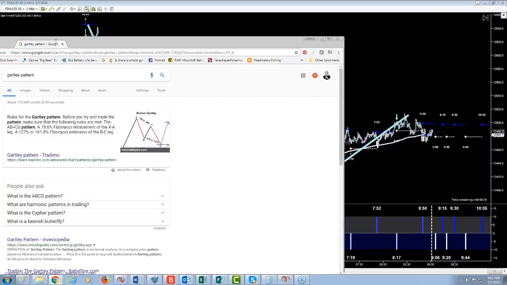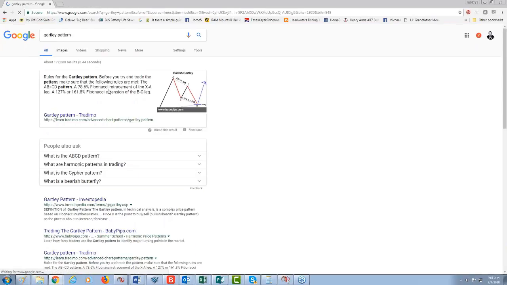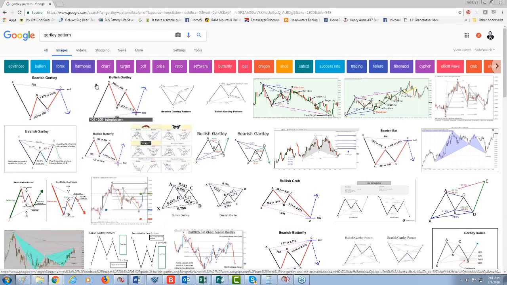And if you look at a Gartley pattern, it tends to do what? Bearish bat?